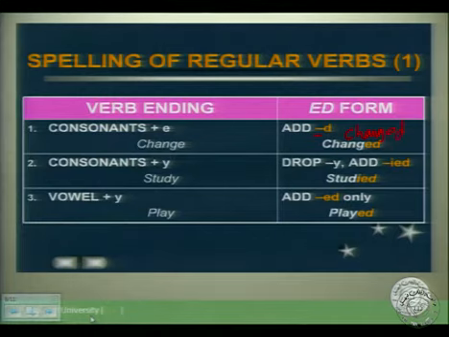If you have a consonant and then y, we change it into ied, like studied. If we have a vowel, a, o, i, e, all of these are vowels, and then we have y, we just add ed. So what is the difference here? This verb is ending with y, and this verb is also ending with y, but here we change it into ied, and here we did nothing.